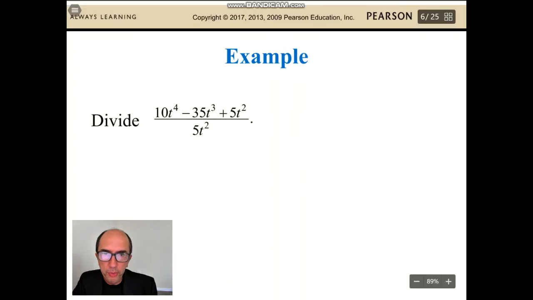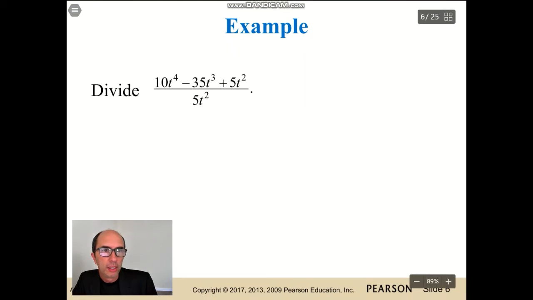Next example, let's see this one now. We have 10t to the fourth minus 35t cubed plus 5t squared, the whole expression divided by 5t squared.